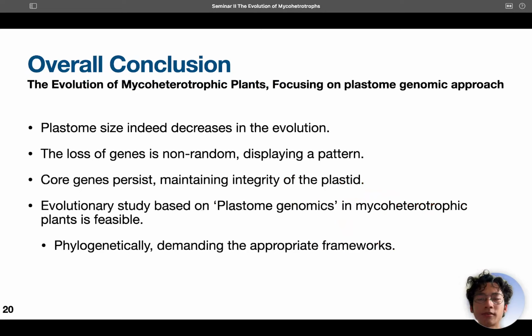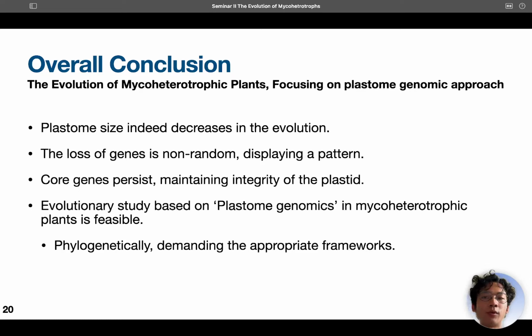And here, before we end, the overall conclusion of this study: the genome size of the mycoheterotrophic plants indeed decreased compared to their autotrophic counterparts. In evolution, the gene contents are lost, but not randomly. They have a pattern of how they start to be lost and where they stop.